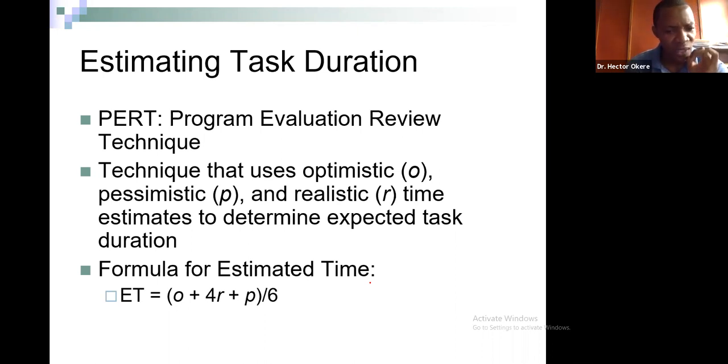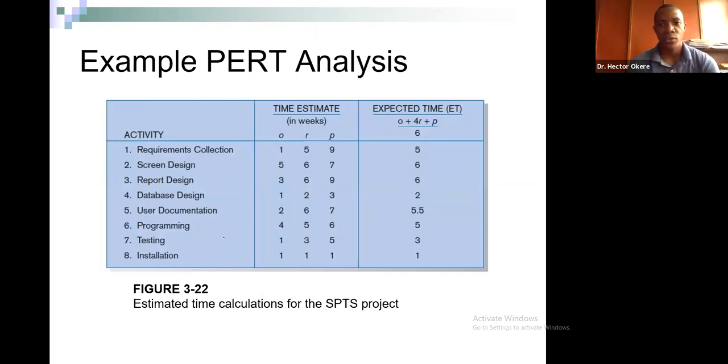The formula for calculating PERT, that is the estimated time, is your optimistic time plus four times the realistic time plus the pessimistic time, divided by 6. So if you see here, they give you these values, and you need to use these values to calculate your expected time, ET.